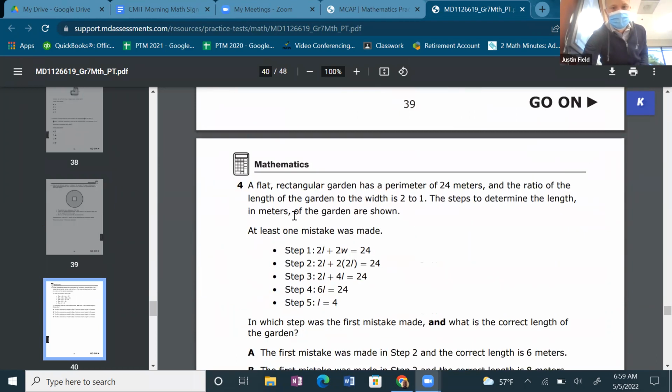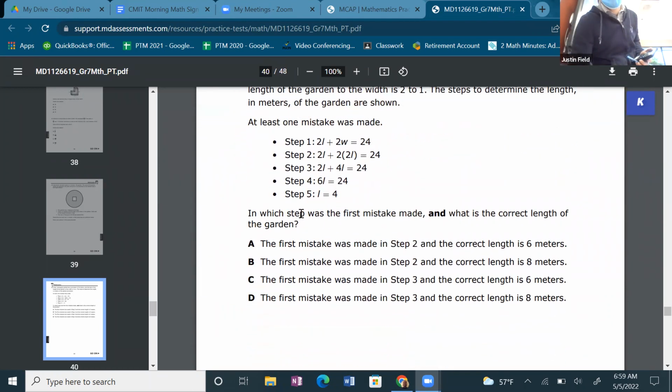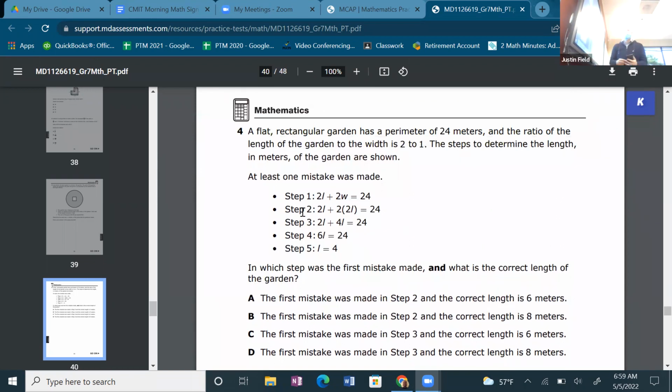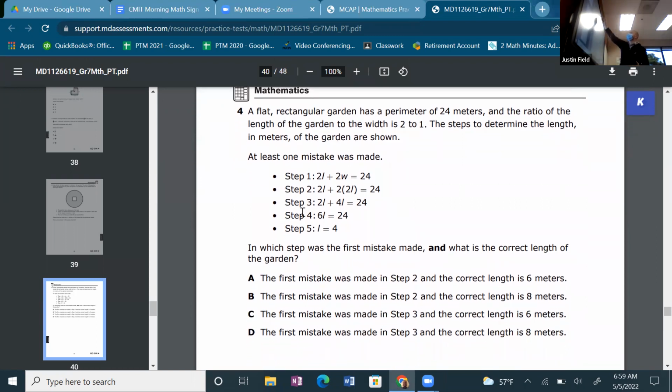Okay, so that's the first three. Next, the flat rectangular garden has a perimeter of 24 meters. Let's draw a picture. It's a rectangle. Can you draw a rectangle?